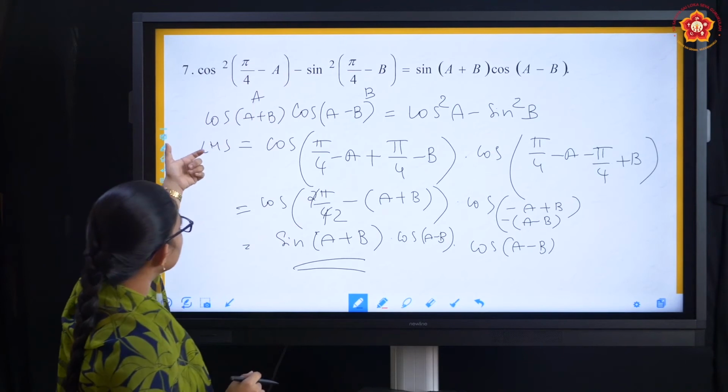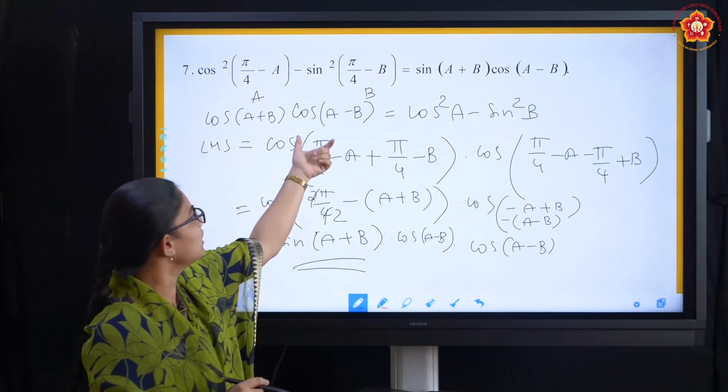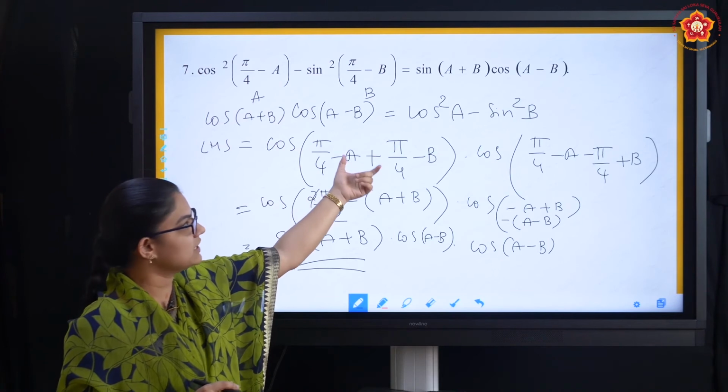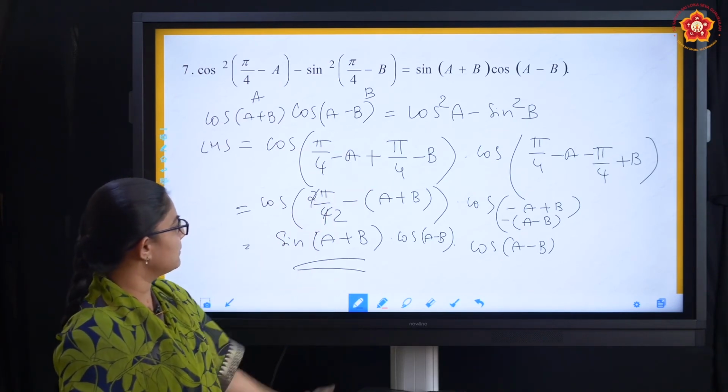So we have proved cos square of (pi by 4 minus A) minus sin square of (pi by 4 minus B) is equal to sin(A+B) into cos(A-B).